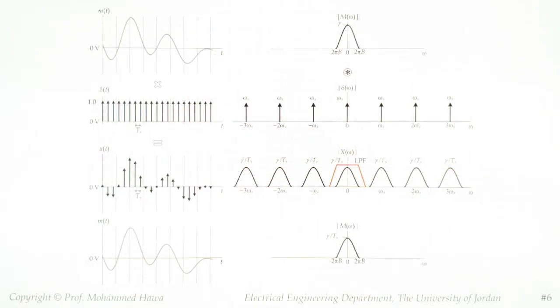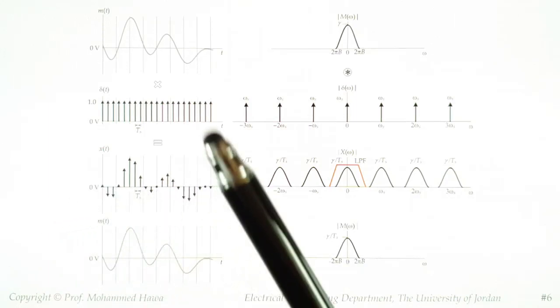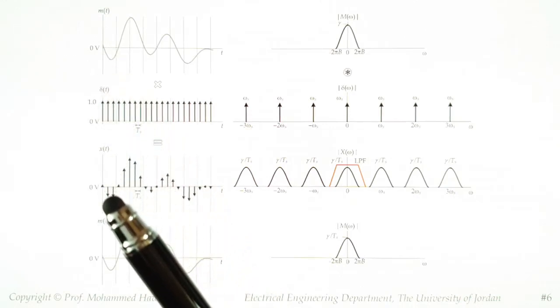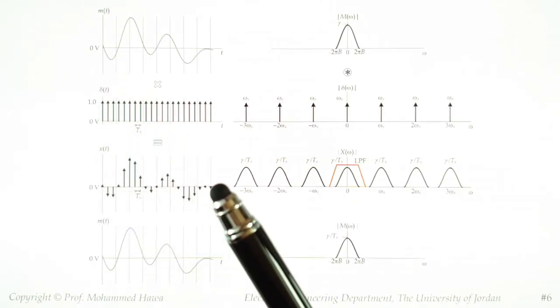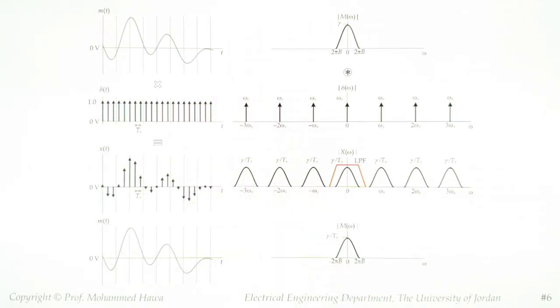What I want to calculate here is the Fourier transform of a sampled signal, let's call it x of t, of the original analog signal M of t. If you understand the Fourier transform of x of t, the sampled version of M of t, you'll be able to understand a lot of ideas about sampling.